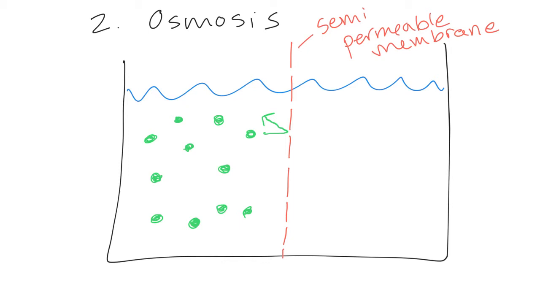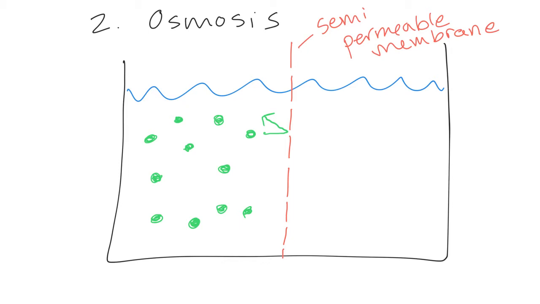Okay, and so as water goes through the semi-permeable membrane, the water level on this side will increase. The water level on this side will decrease until these molecules are at an equal concentration to the ones on the other side. Yes?